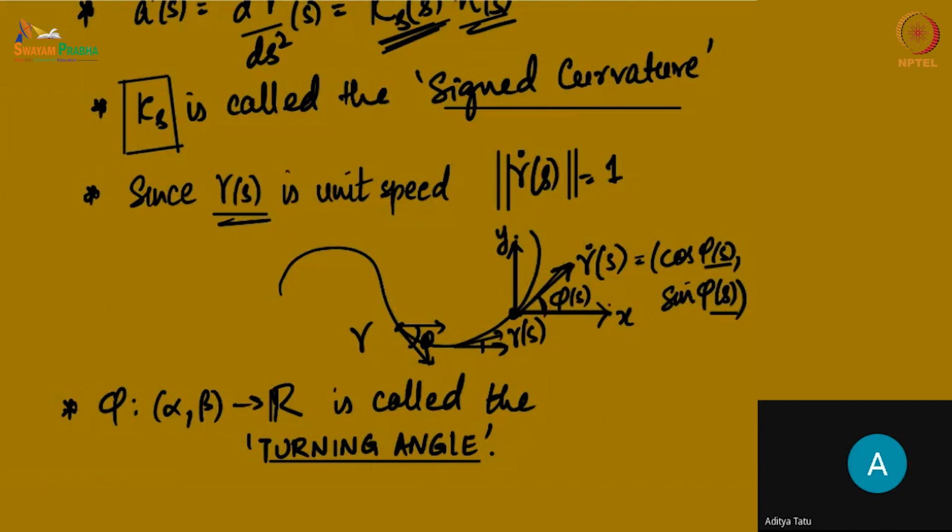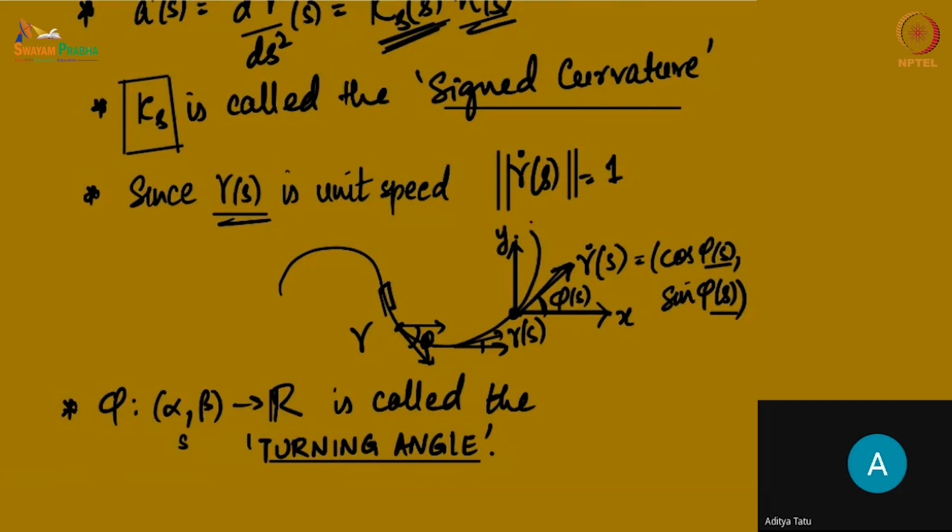Okay, so you have a function phi that gives you at every parameter value s between, let's say, alpha to beta, the angle, called the turning angle. And again, you can relate this intuitively to, let's say you are driving a vehicle on this path. Right? By what angle would you have to turn your steering in order to remain on the curve?